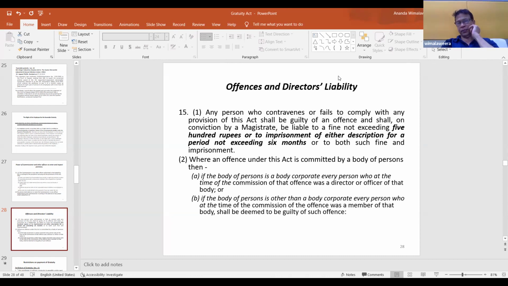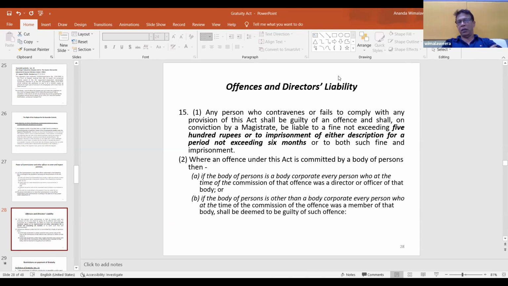So, if you have completed 5 years of service, who has the liability?